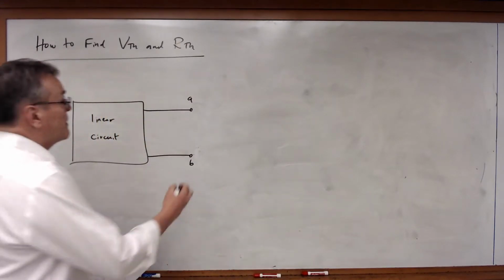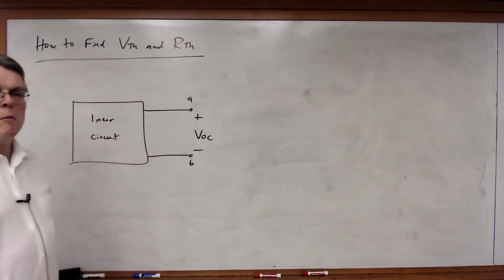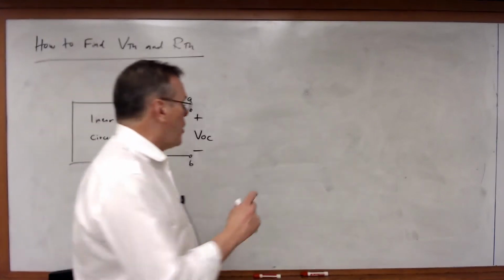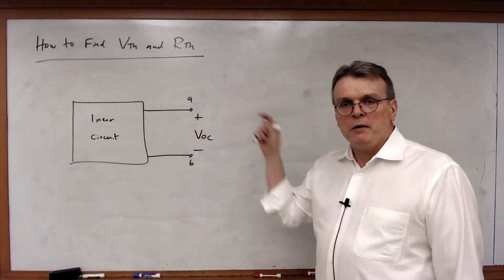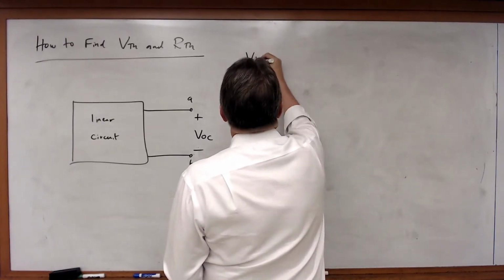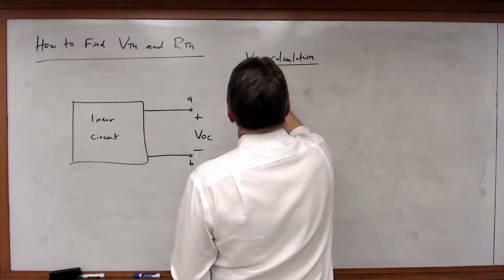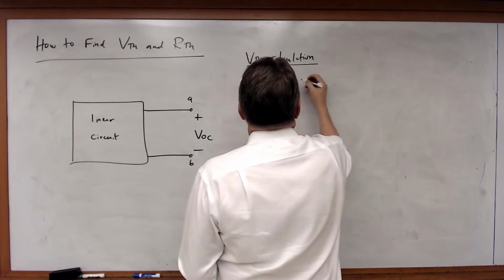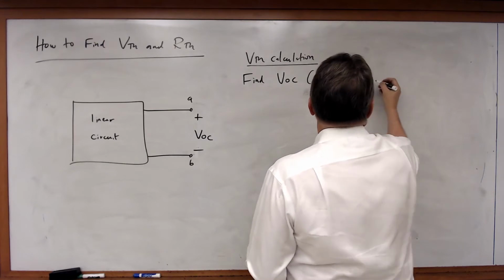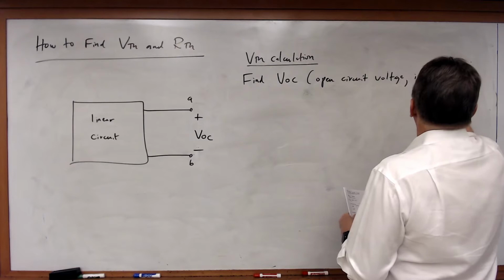Once you do that, you just calculate what's called the open circuit voltage between A and B. And this is open circuit as in no load connected to it. So for my Vth calculation, find Voc, the open circuit voltage, i.e. no load.